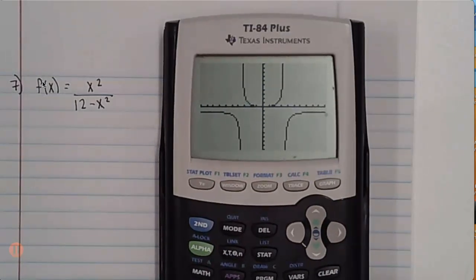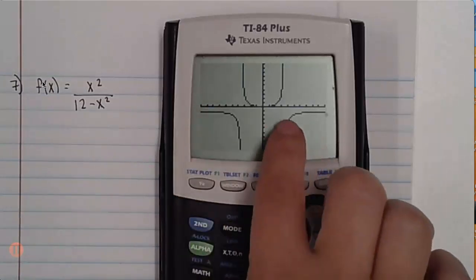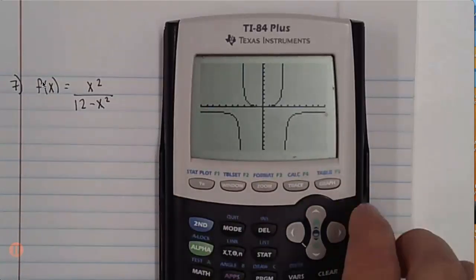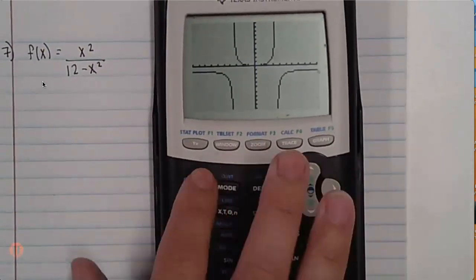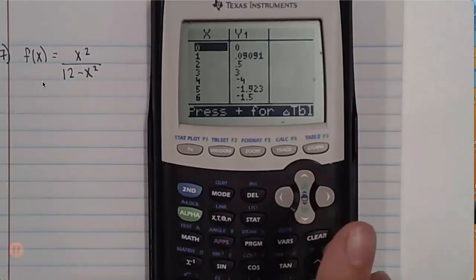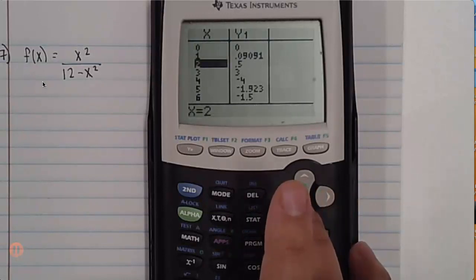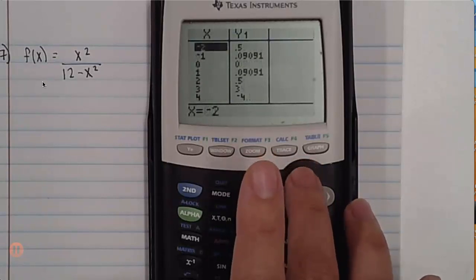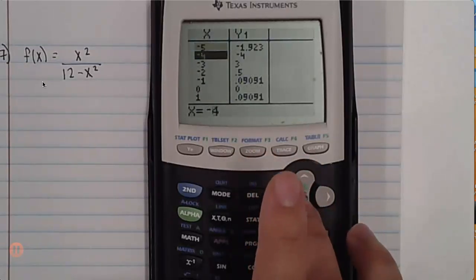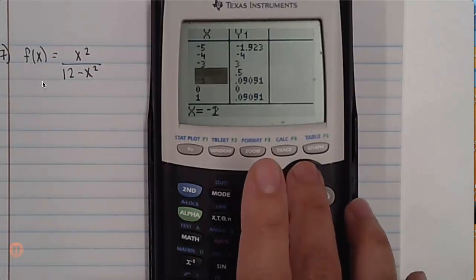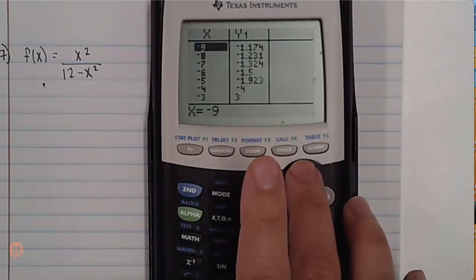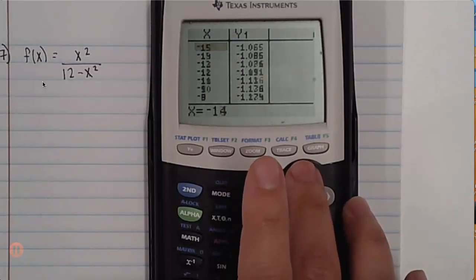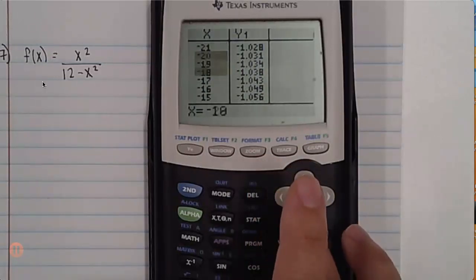Alright, it appears to go from negative infinity, and I can't tell if this is 1 or 0. I'm going to use table. The way you access table is you hit second and then graph. And let's see here. It appears that it gets very close to negative 1.